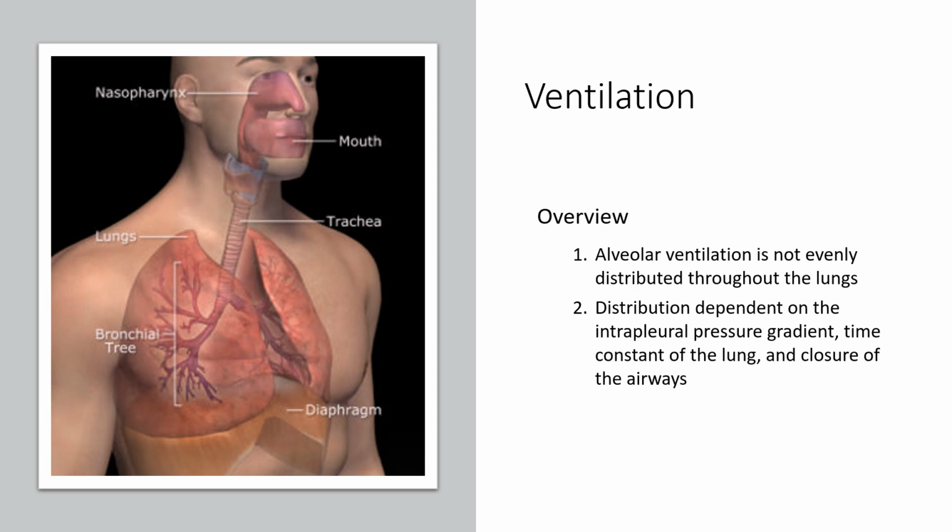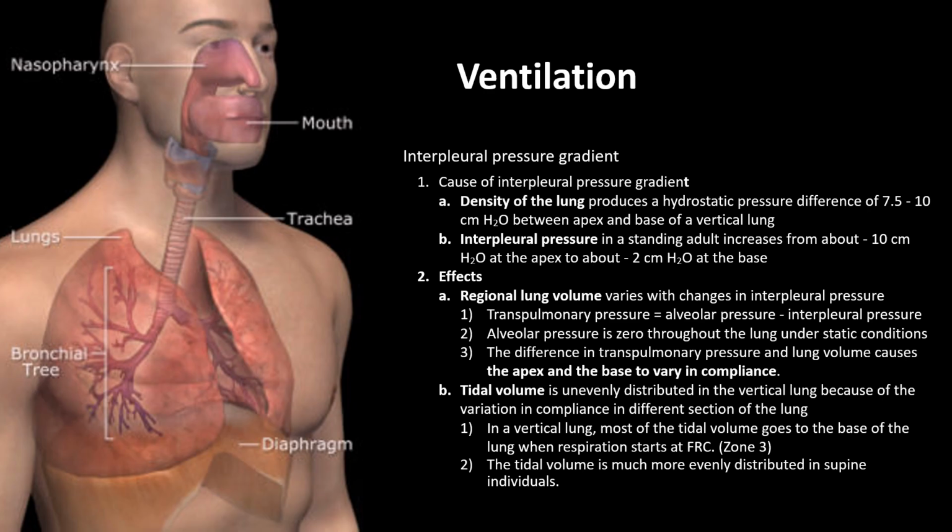Alveolar ventilation is not evenly distributed throughout the lungs. Distribution is dependent on the intrapleural pressure gradient, the time constant of the lung, and closure of the airways. The intrapleural pressure gradient is caused by effects of gravity on the lung within the intact thorax. The causes are: 1.